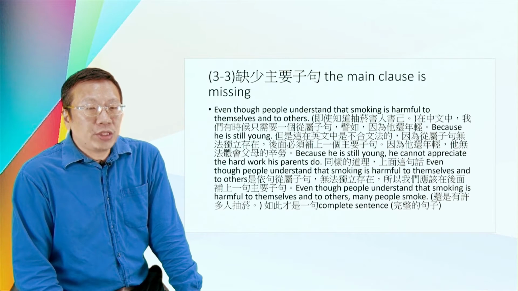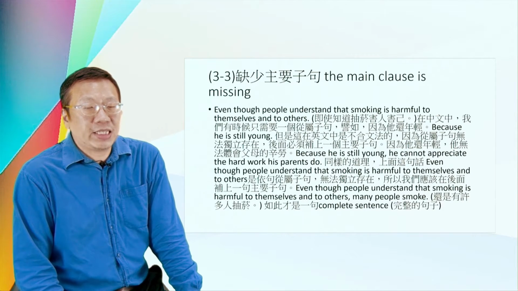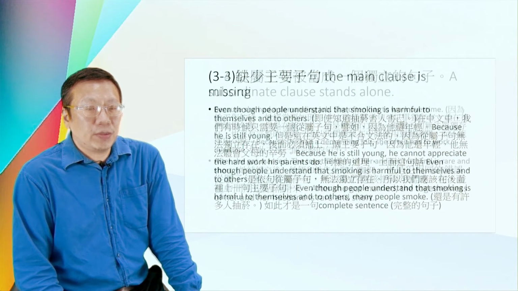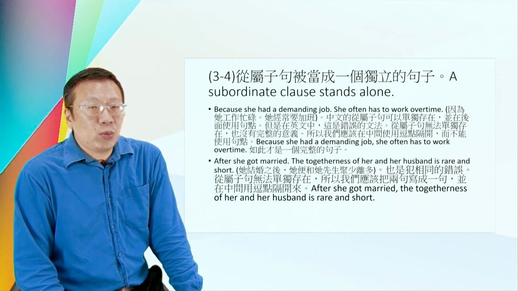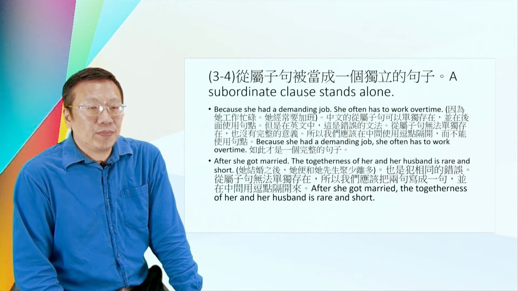尽管有许多人知道抽烟害人害己，还是有许多人抽烟，如此才是一句 complete sentence 完整的句子。3之4，从属子句被当成是一个独立的句子。A subordinate clause stands alone. Because she had a demanding job.